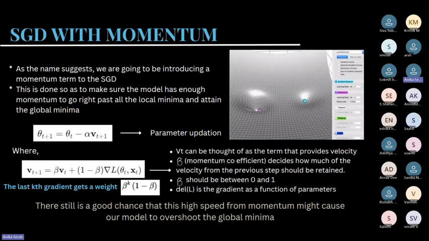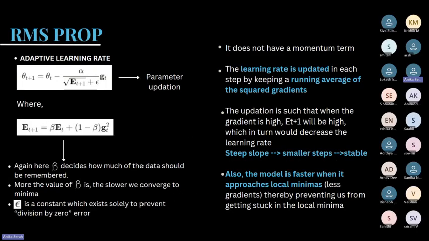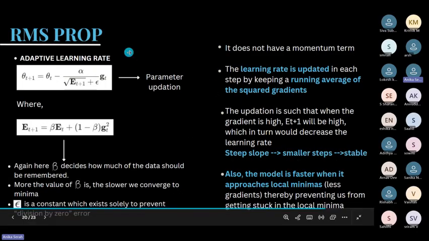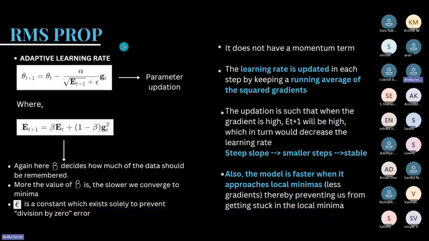So to counter this, to make settling more stable, you use adaptive learning rates. One of the most popular optimizers which uses an adaptive learning rate is RMSProp. What adaptive learning rates do is you take the learning rate and you scale it based on the gradients. So the equation for this is theta t plus 1 equals theta t minus alpha by root over E t plus 1.